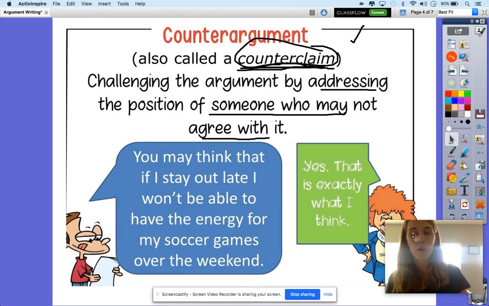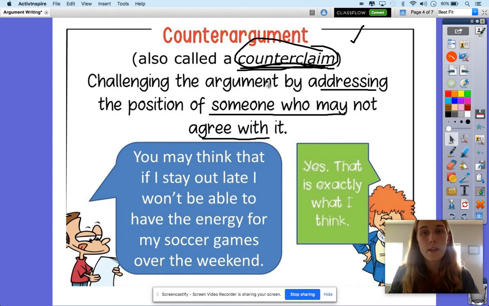So he's bringing up the mom's side. She says, yes, that's exactly what I think. This positions the boy to now say, I totally get it, Mom. That's a great reason. Let me tell you why me going out actually wouldn't get rid of my energy. Maybe it will give him more energy for his soccer games. But now he's set up to make a good argument because he's mentioned the other side.